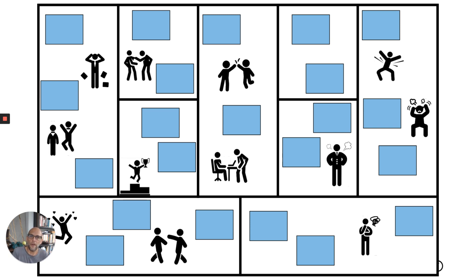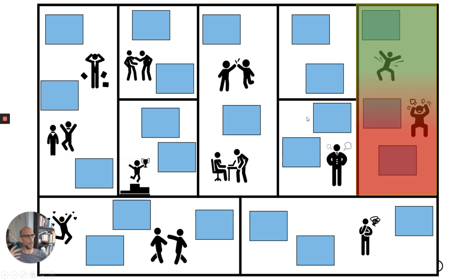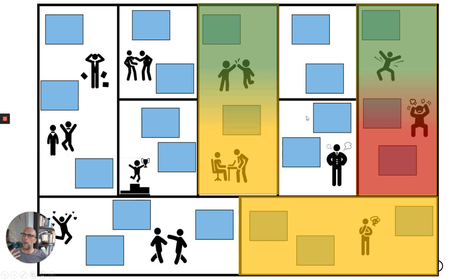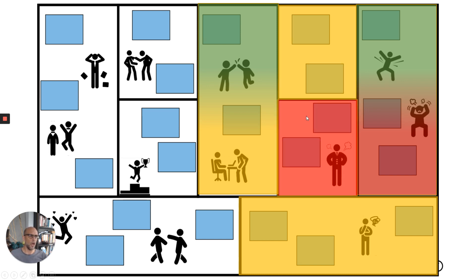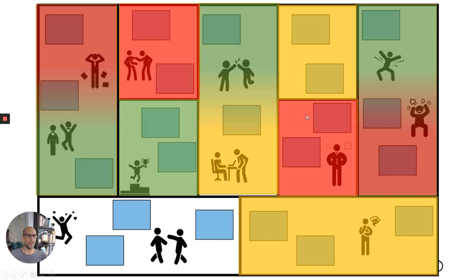So they are very fragile, very just in time, very resistant to change. And so again, we map out the different parts of the business model and how resistant they are to change.